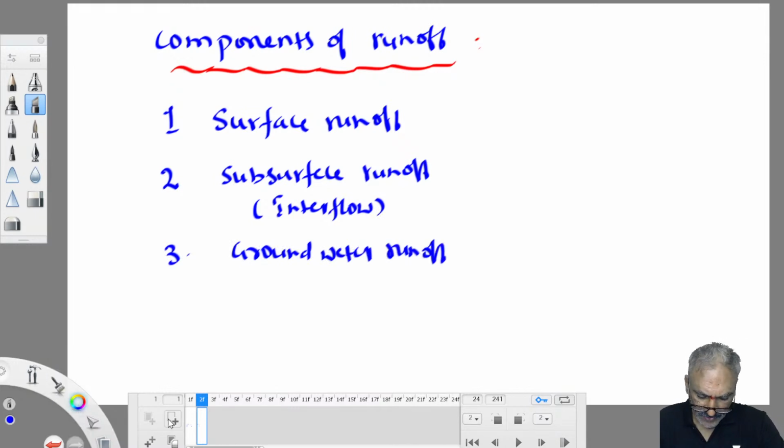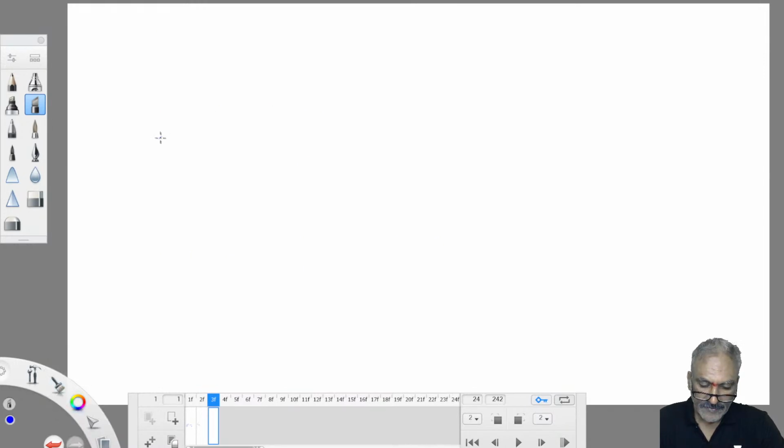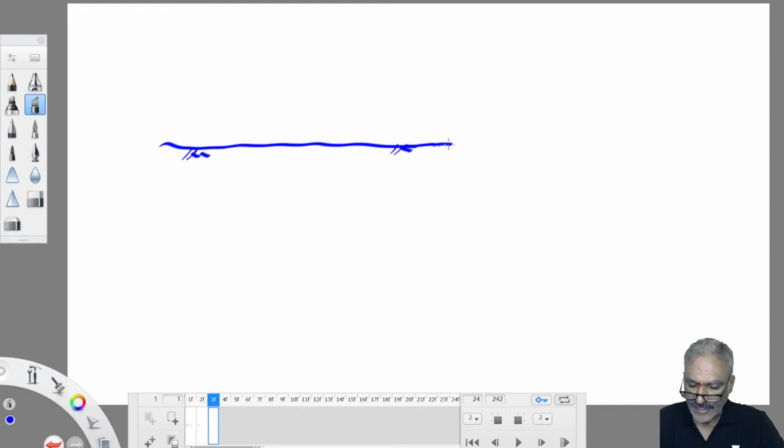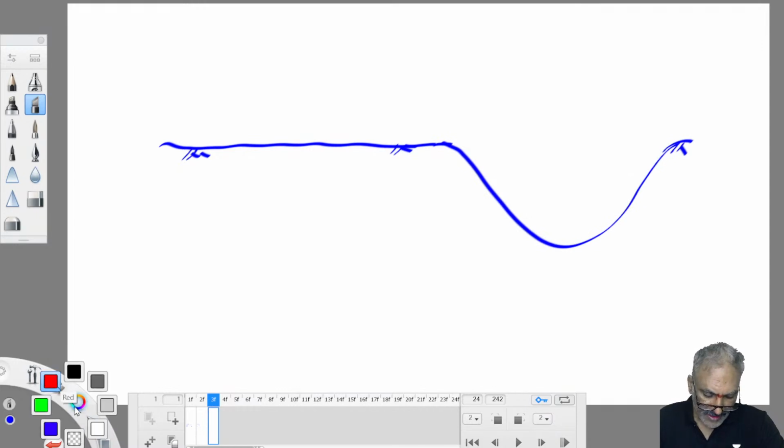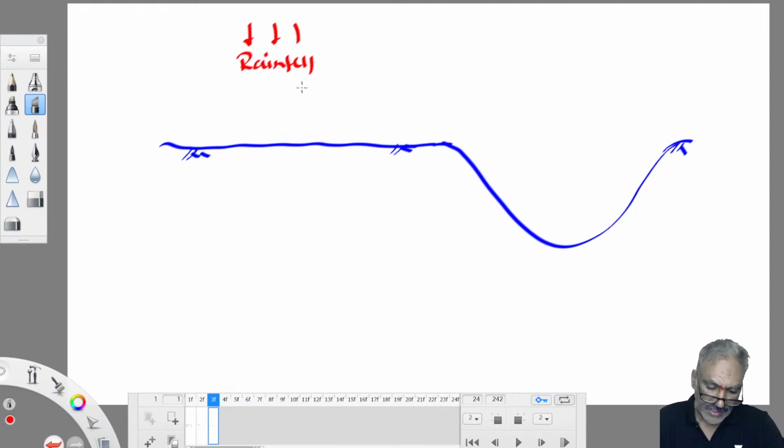Look at the catchment from the place from which the water joins. Suppose you draw a catchment, this is a catchment, assume. This catchment ultimately drains water into a source. Source could be a river, a lake, a reservoir, whatever it may be. Rain occurs in a catchment.